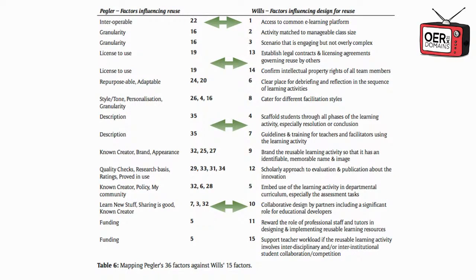The key factors were a common e-learning platform, making sure the license to use was really clear, and a description so that students were scaffolded through all the steps of the learning activity. And then collaborative design, including some sort of role for educational developers, so that sharing meant knowing someone had thoughtfully looked into the design of those activities.